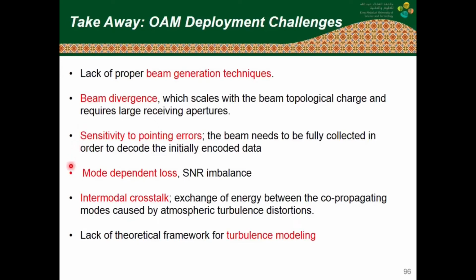OAM propagation through turbulence results in mode-dependent loss and therefore SNR imbalance, and also intermodal crosstalk, which consists of the exchange of energy between the co-propagating modes caused by the randomly varying turbulence effects. Some other major challenges for OAM communication include the lack of a theoretical framework for turbulence modeling and the lack of proper generation tools.